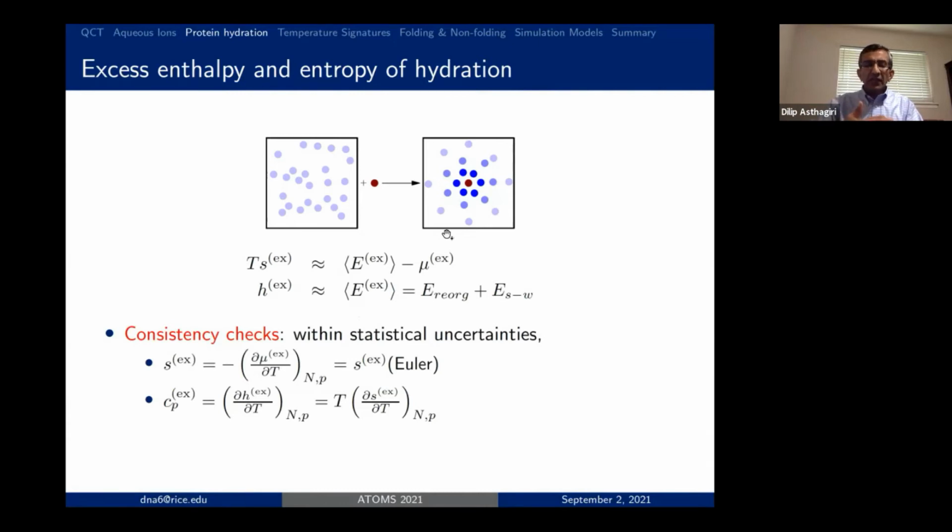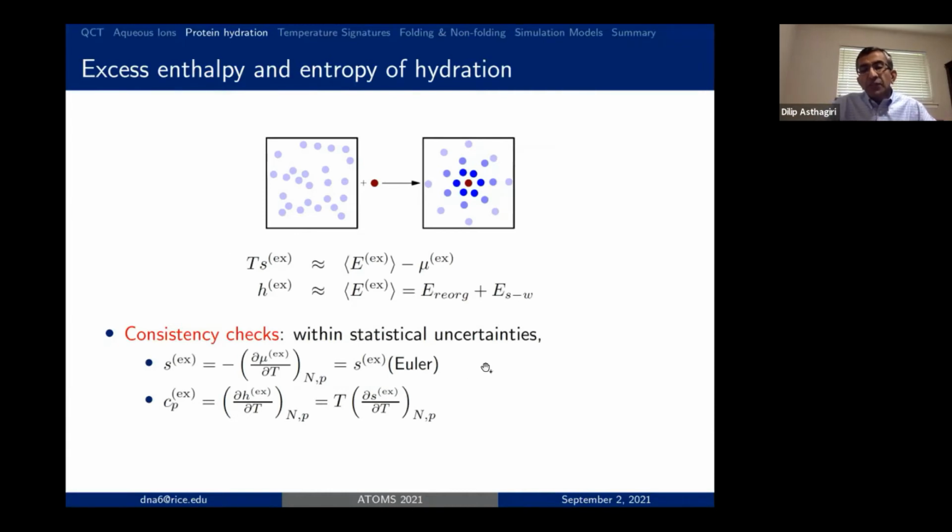We are a little bit more cognizant of statistical issues. So we are going to look at the neighborhood and slowly converge it to the bulk limit. Okay, so we can make good estimations of the reorganization contribution and the direct solute solvent contribution. We can get the entropy directly from Euler's relationship, neglecting pressure volume and thermal expansivity corrections.